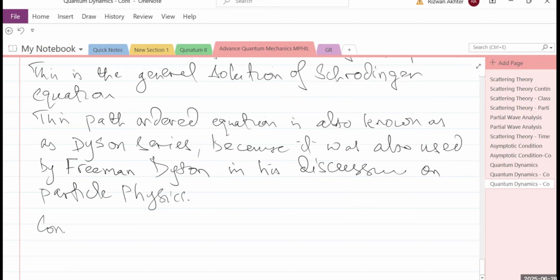So consider the time independent Hamiltonian.